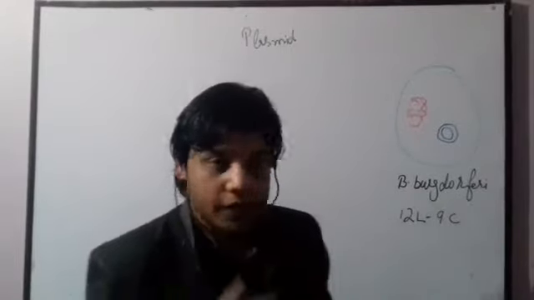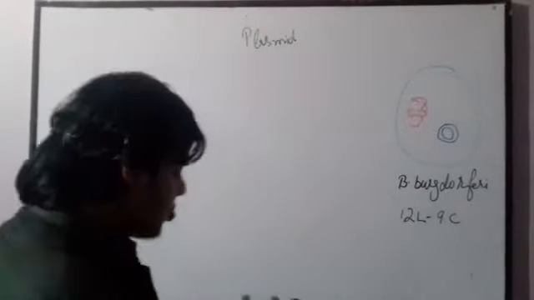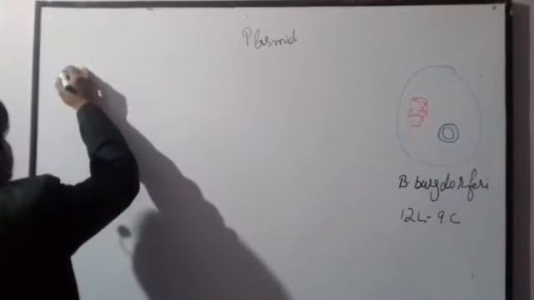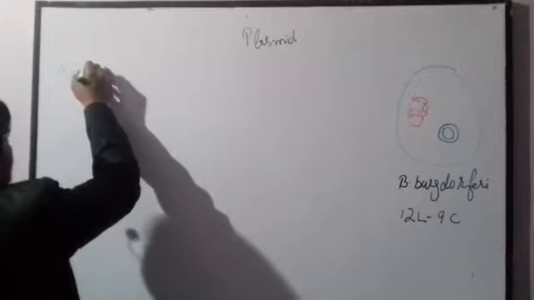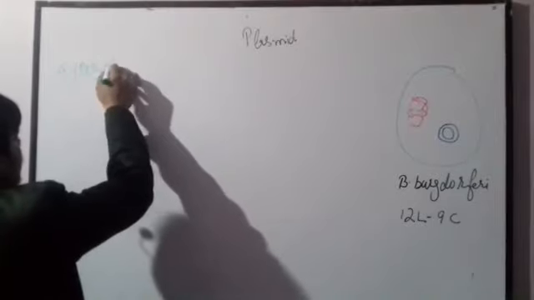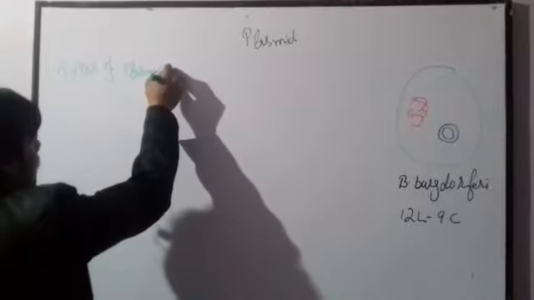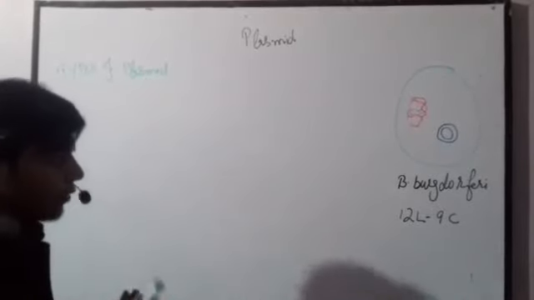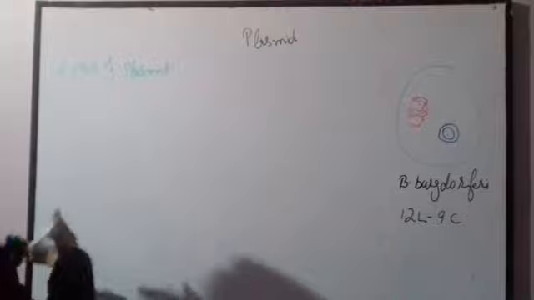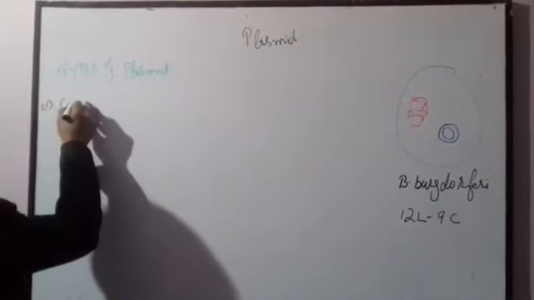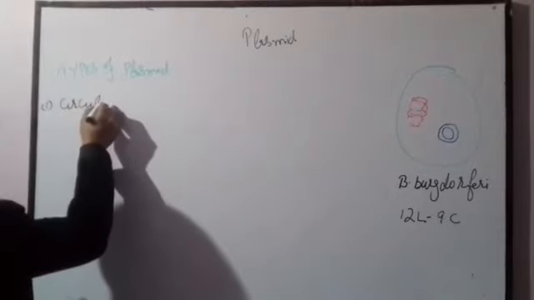Now let's talk about the types of plasmid. We have different types of plasmid. The first type is the circular plasmid.